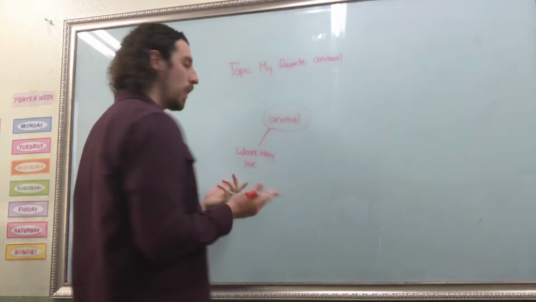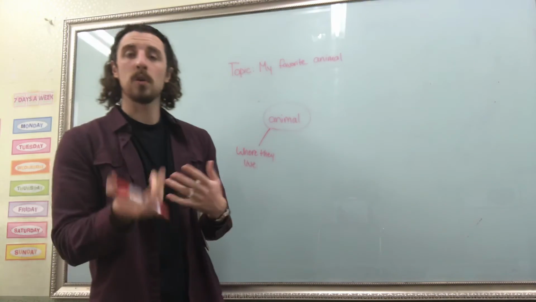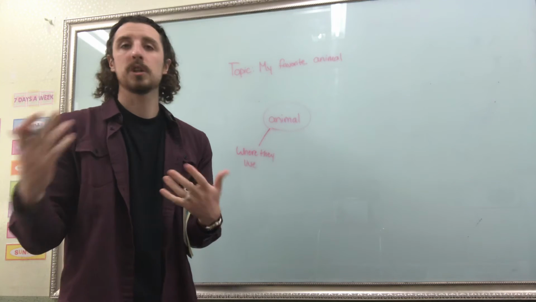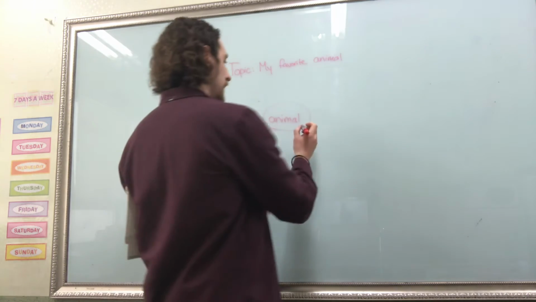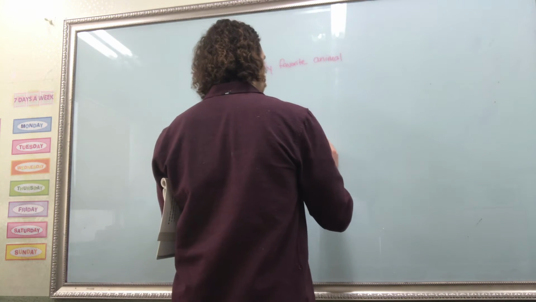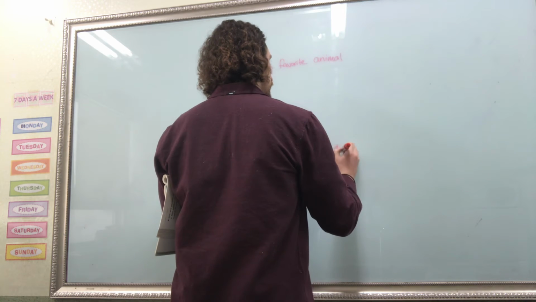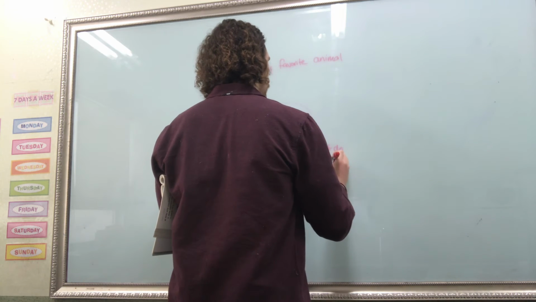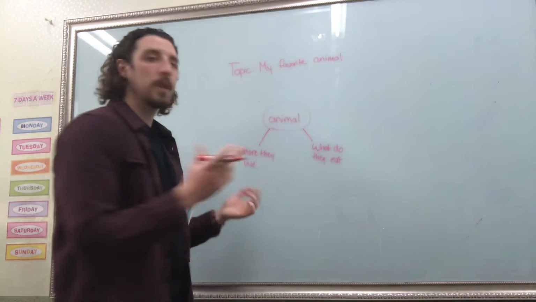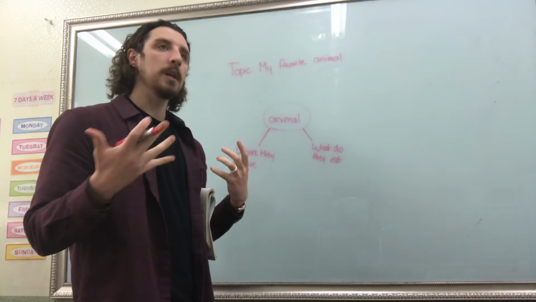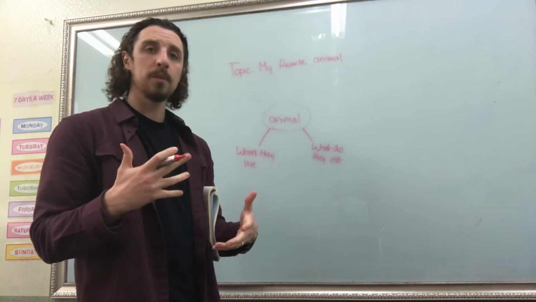Where do they live? Do they live in a cold place, in a hot place? Which continent, which country? Okay? What do they eat? Do they eat plants? Do they eat meat? Do they eat both? Okay?